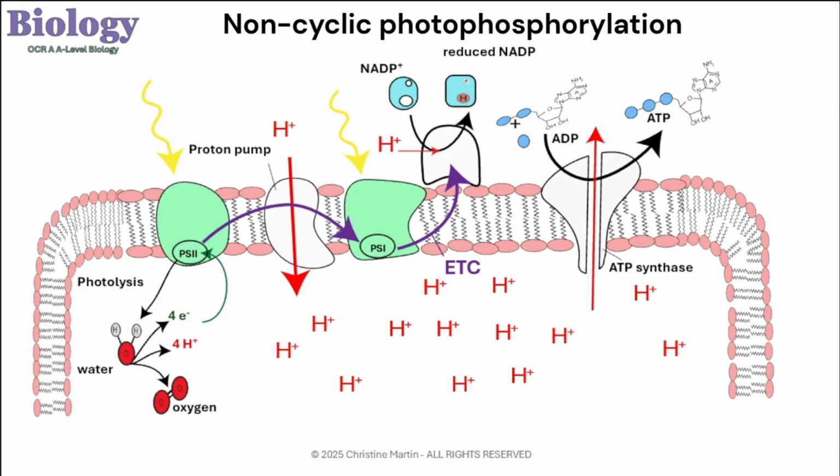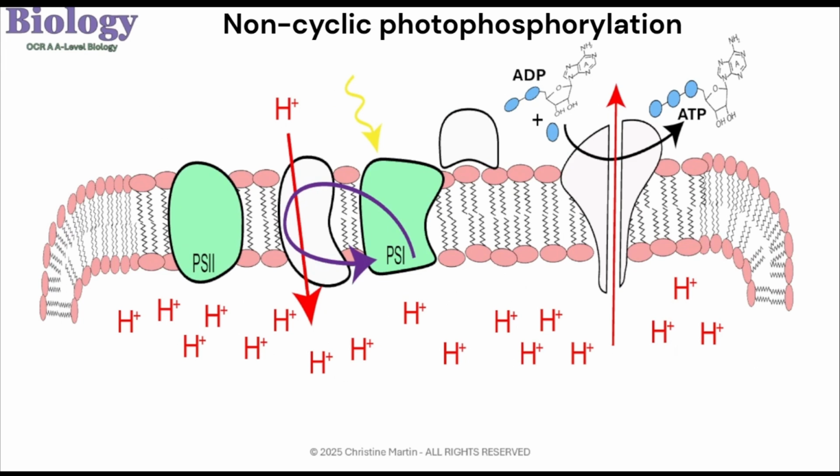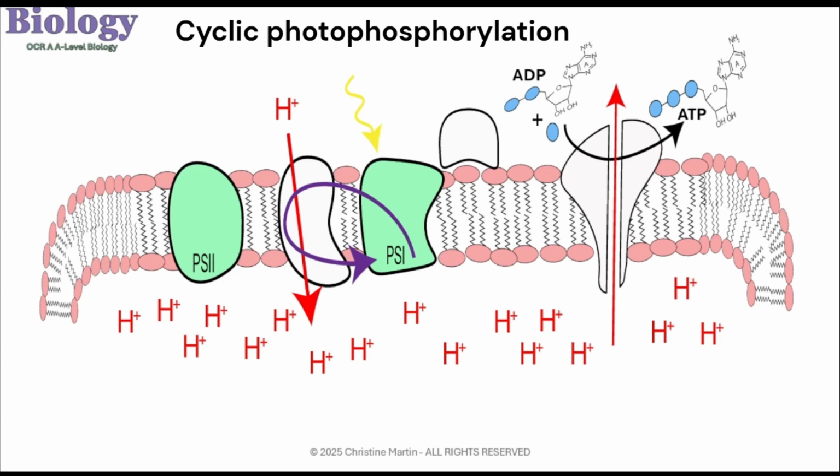Now, to replace the electrons that were lost from photosystem 2 that went to photosystem 1, photolysis of water occurs. Water molecules are split into electrons, hydrogen ions, and oxygen, which is released as a waste product. If NADP is not available to accept electrons, cyclic photophosphorylation occurs.